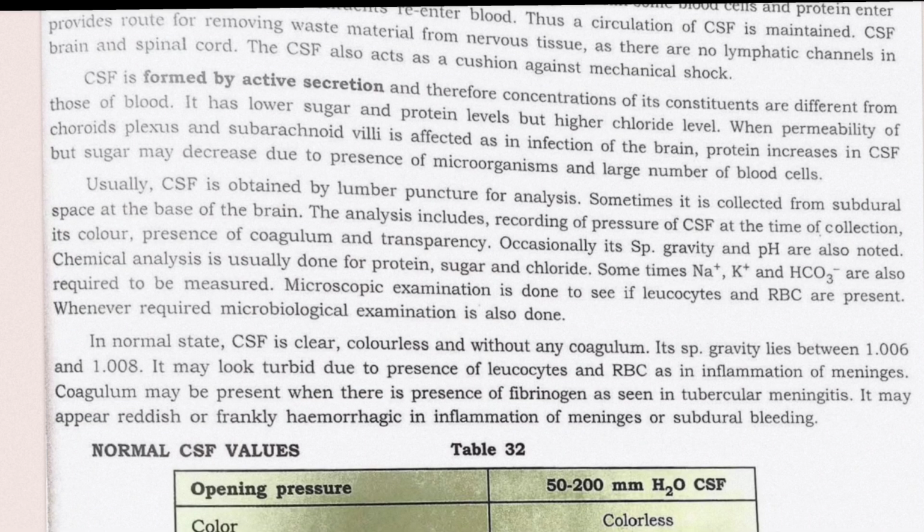When permeability of choroid plexus and subarachnoid villi is affected, as in infection of the brain, protein increases in CSF, but sugar may decrease due to presence of microorganisms and large number of blood cells.